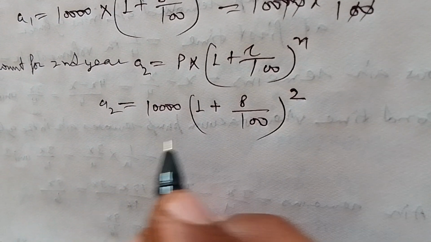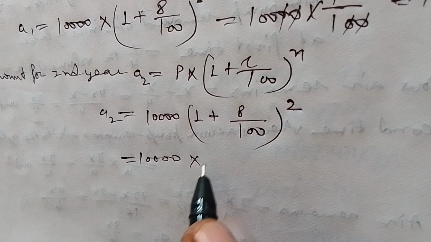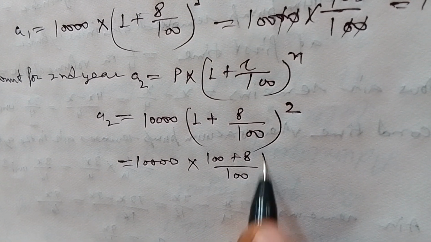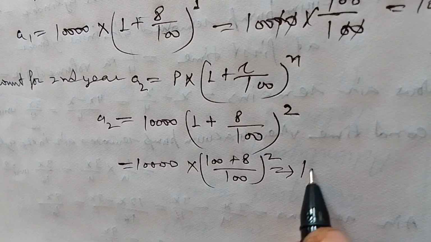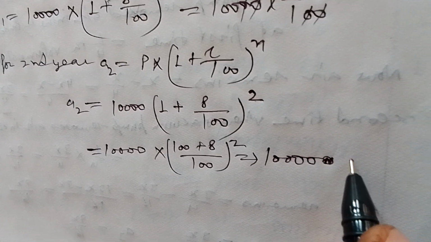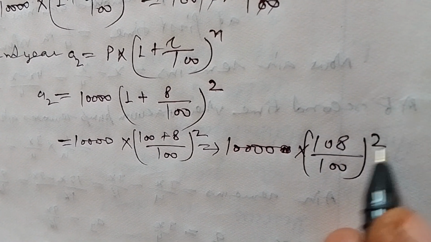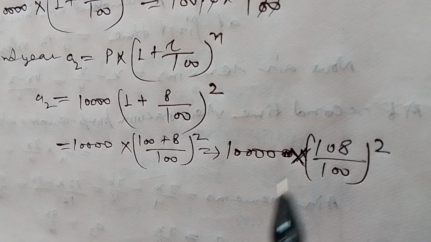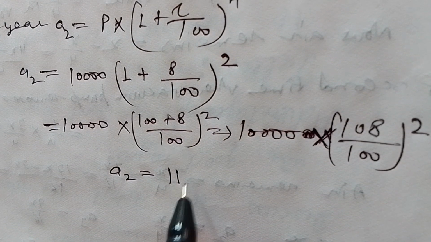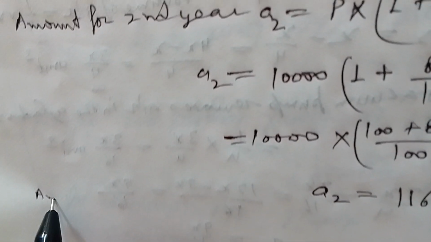So it comes out to be 10,000 multiplied by 108 divided by 100 to the power 2, because it is for the second year. So on calculating, A2 comes out to be 11,664.